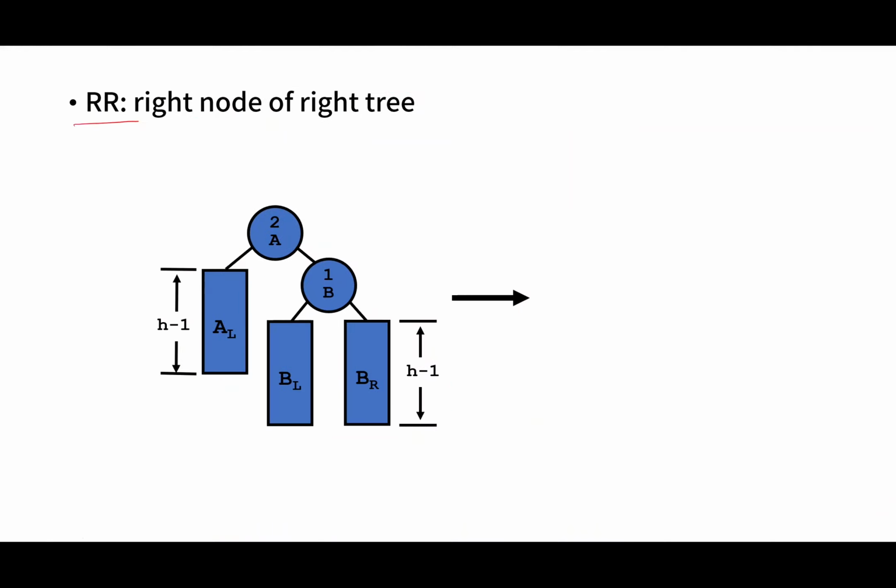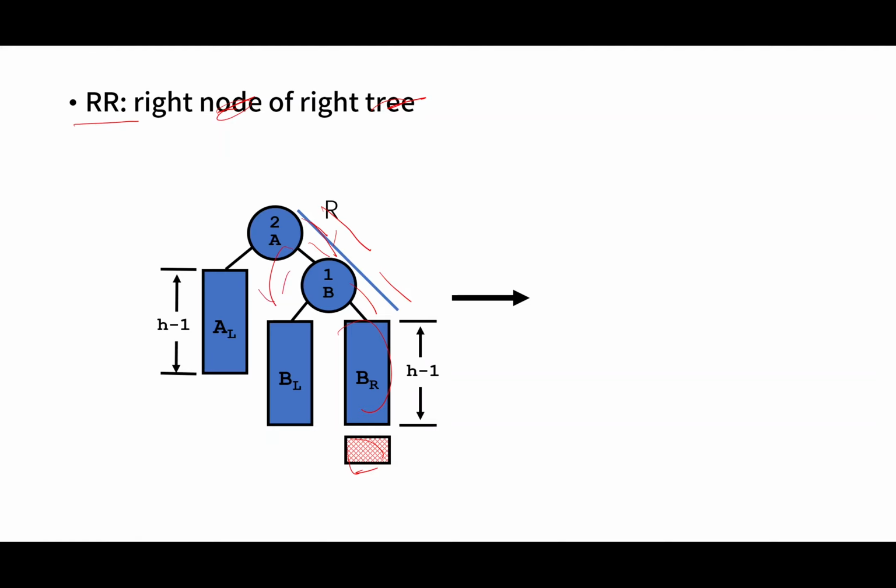For RR type, if the inserted node is in the right tree of the right child, right tree, it is called RR type.